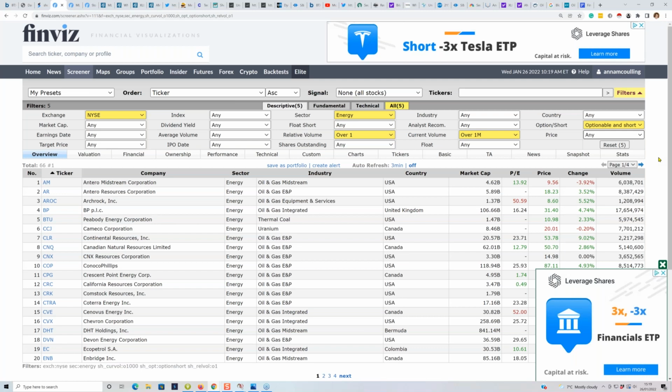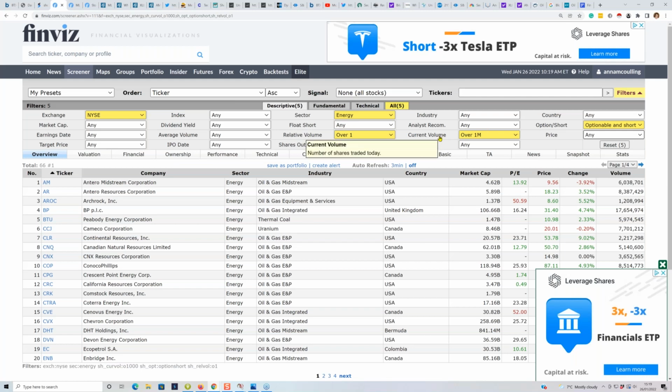So this is a sector I've just pulled up on FinViz. I've actually just done the NYSE. It takes out the Brazilian and the, well, I've actually got Colombia down here, but that's probably because they're listed on the NYSE. Right, so we've got energy. I've got relative volume just over 1. Relative volume is the ratio between the current volume and the 3-month average intraday.